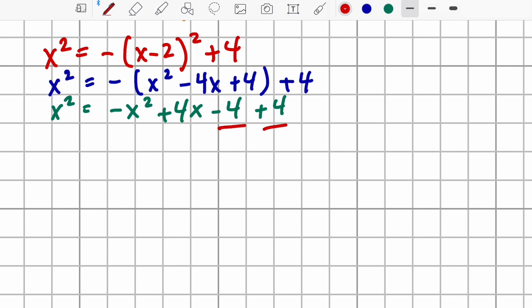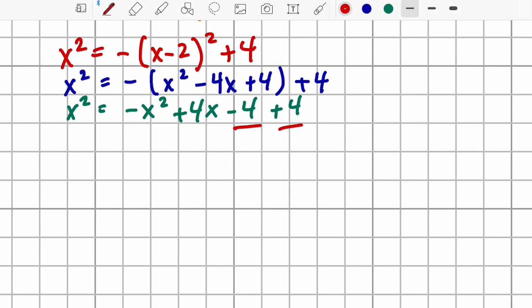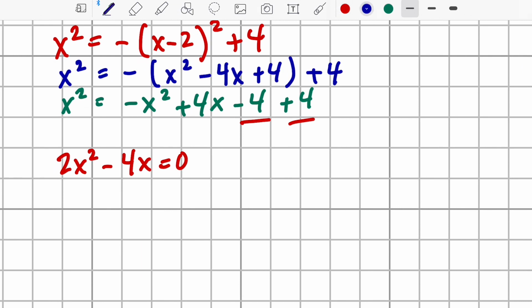So then I notice that the negative 4 and the positive 4 will cancel out, and I want to set it equal to 0. So when I move the negative x squared to that side and the positive 4x to the other side, we get 2x squared minus 4x equals 0. Now here we're going to solve.